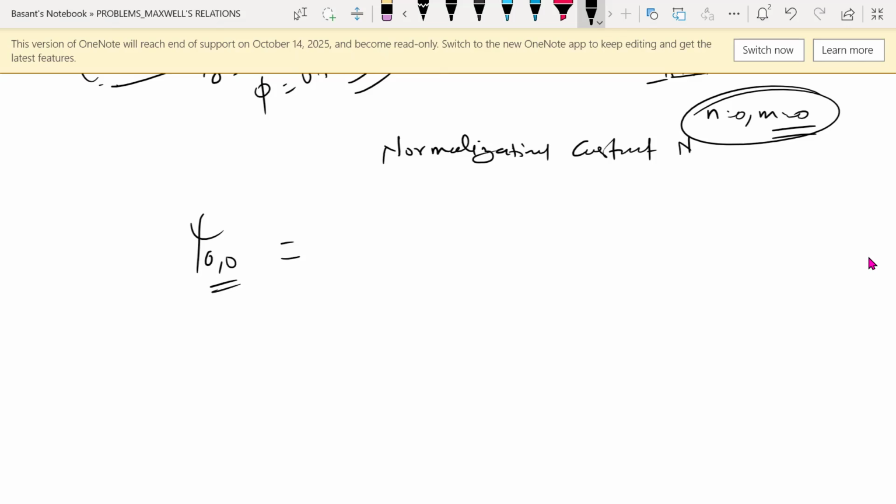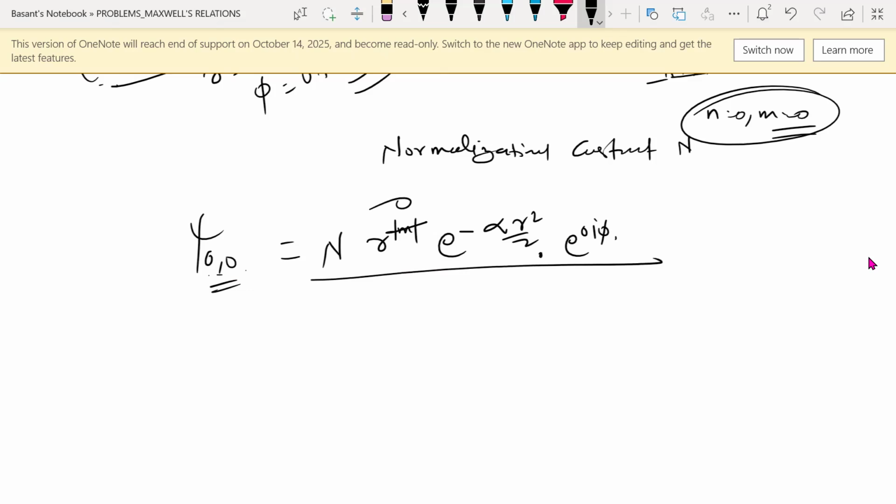And we have written that psi 0,0 is r to the power mod n and e to the power minus alpha r square by 2 and e to the power 0 i phi. For this function, n is 0, so r to the power 0 is equal to 1. So e to the power minus alpha r square by 2 is the psi 0,0.